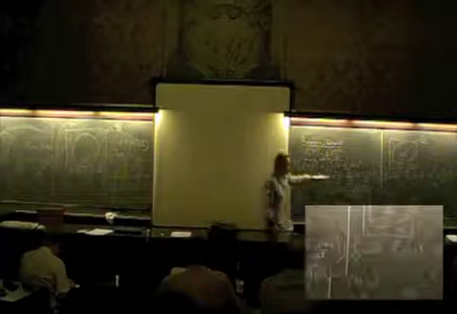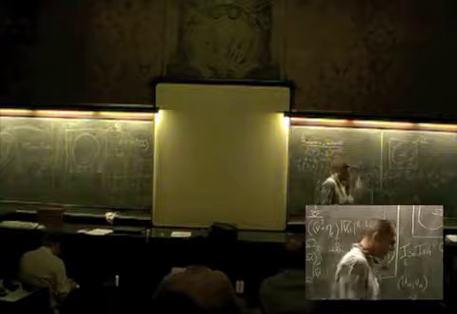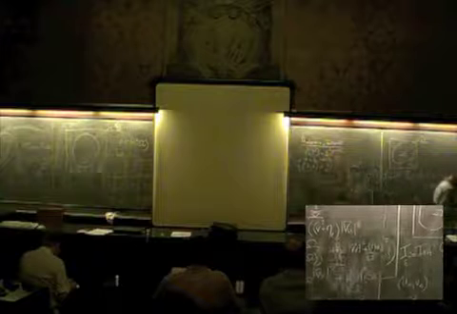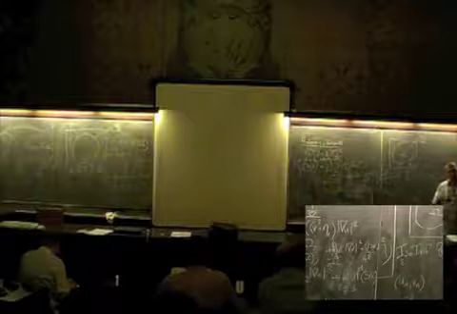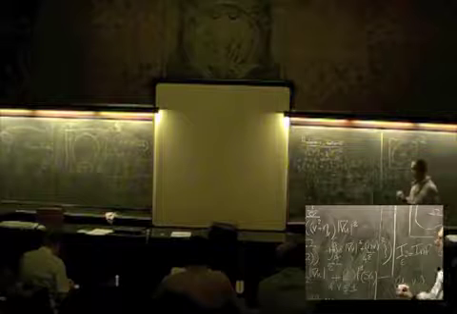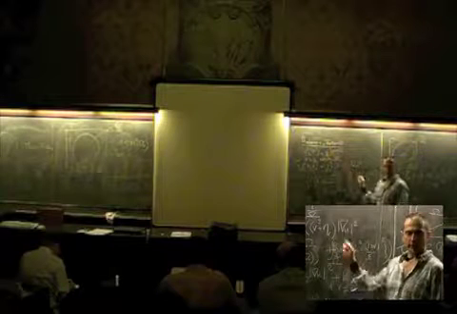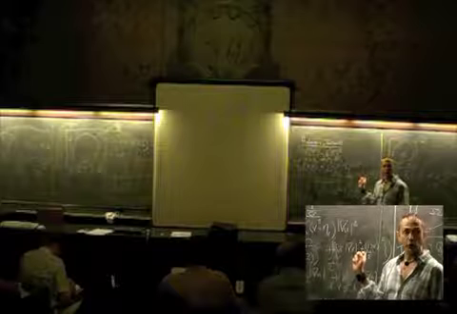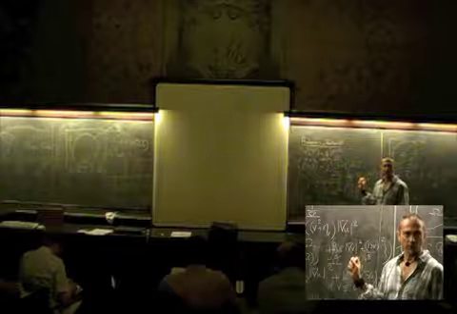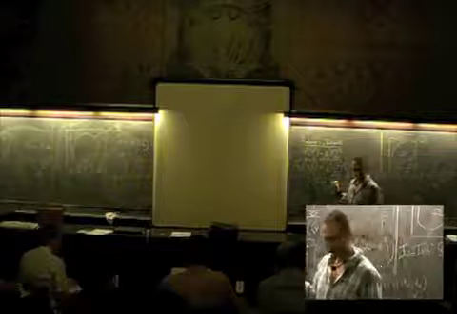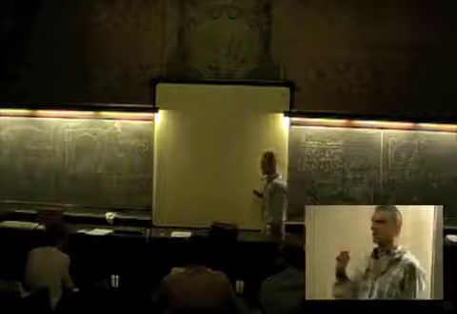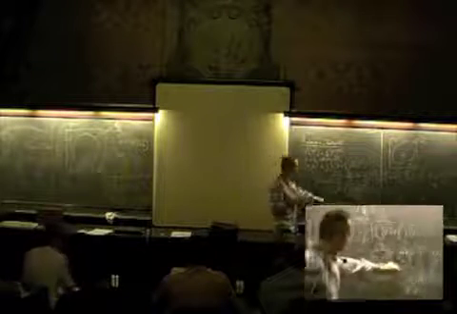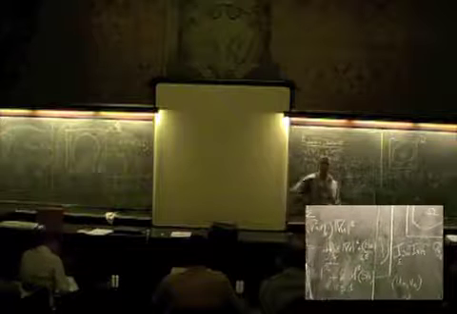So which brings me to another comment, for people who are more used to mechanics. This thing here looks very much like what people call a damage gradient model. You can think of V as a damage variable.